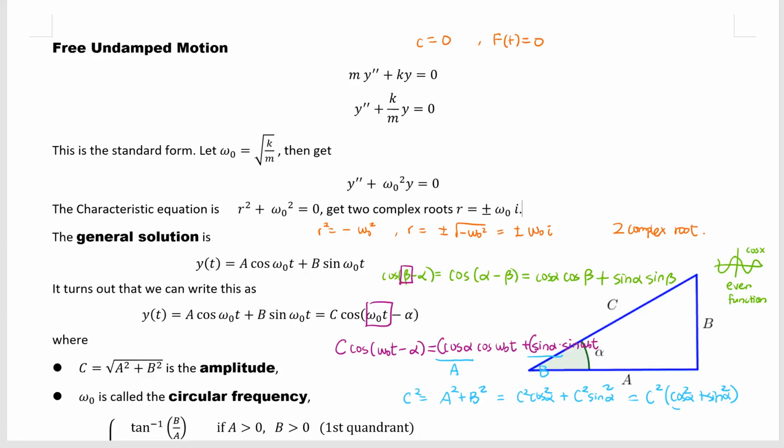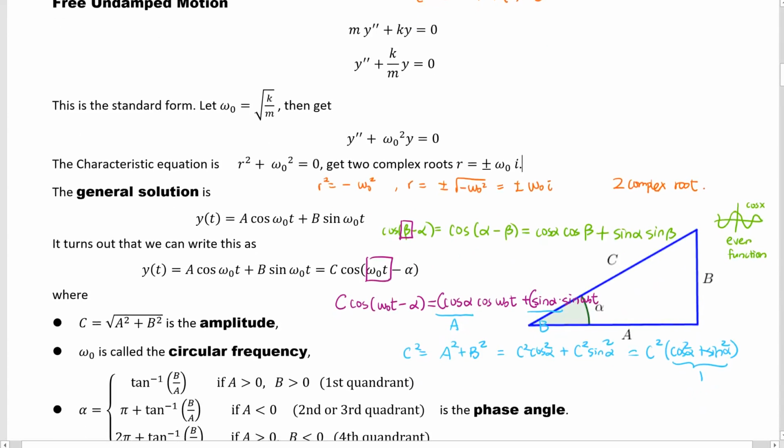So C squared times 1 is C squared. That's why when we solve for C, C is the square root of A squared plus B squared. And omega 0 is called the circular frequency, which comes from the roots of the characteristic equation.